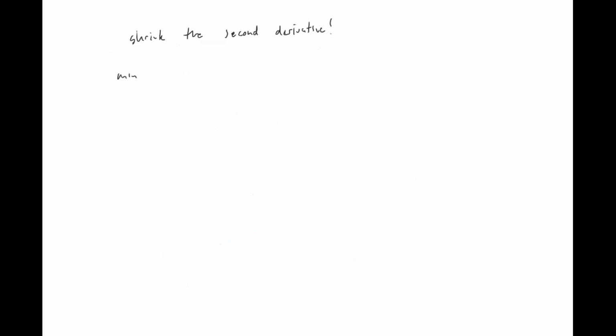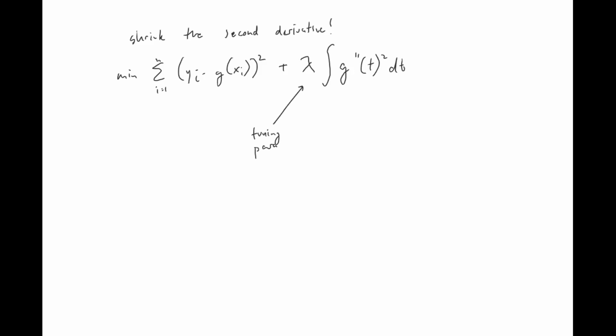So consider our equation that we just went through. And now I'm going to add a penalty function. And that lambda is our familiar tuning parameter. And this whole thing here is our penalty function.